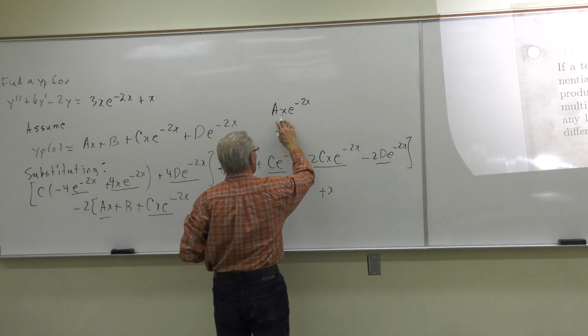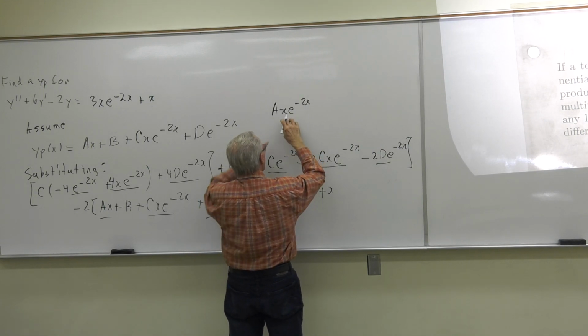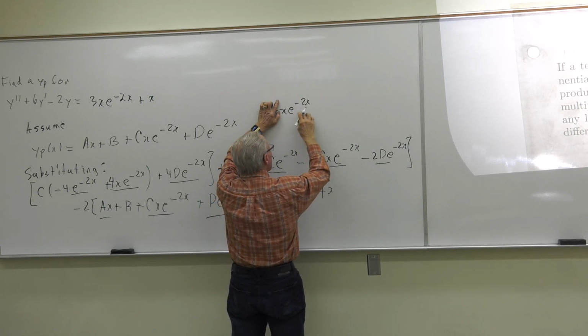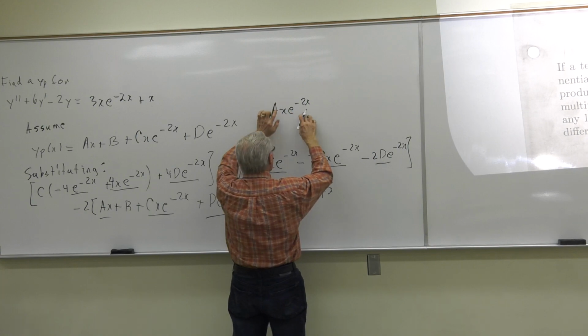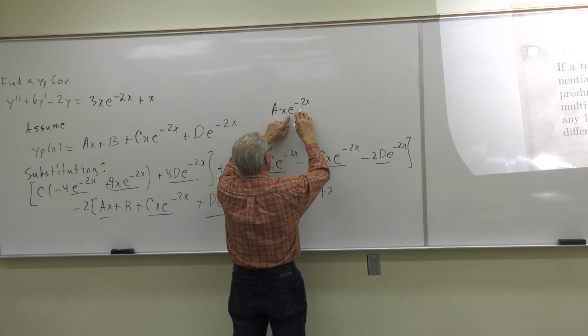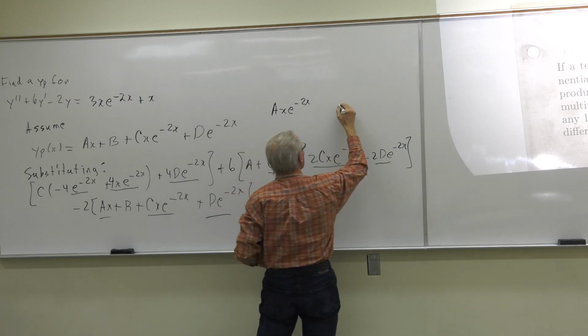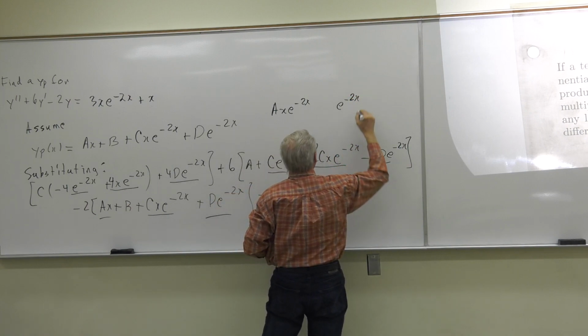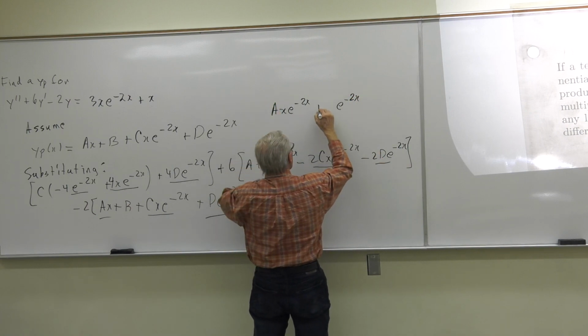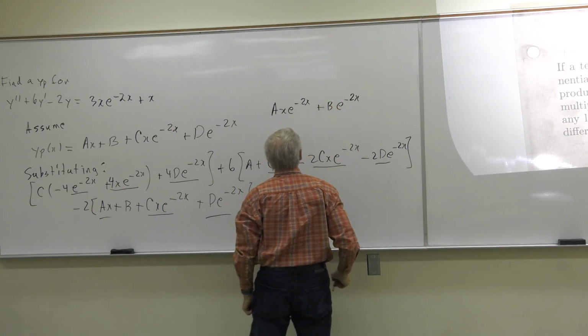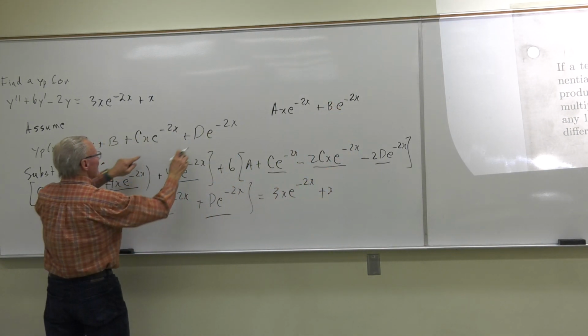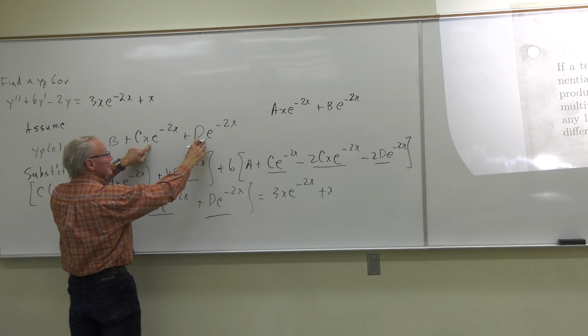If I differentiate this, I take this one times the derivative of that one. That's not new. It's minus 2 times that. But if I take this one times the derivative of that one, I get e^(-2x). That's different than that. So I put a constant in front of it. That's those 2 guys.